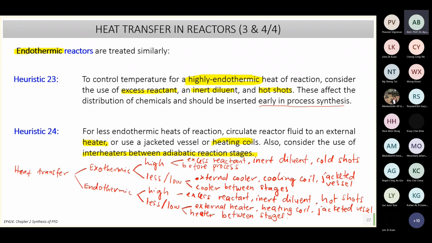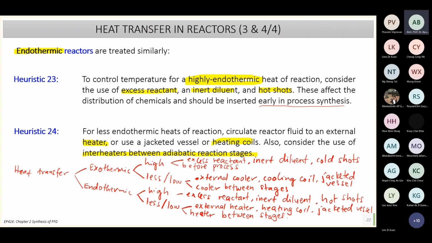Okay, a question from Haliza just now. She asked how to determine, for endothermic, how the excess reactant and inert diluent work. Because in exothermic, we know inert diluent and excess reactant will lower the temperature. So in endothermic, it will increase the temperature a bit.